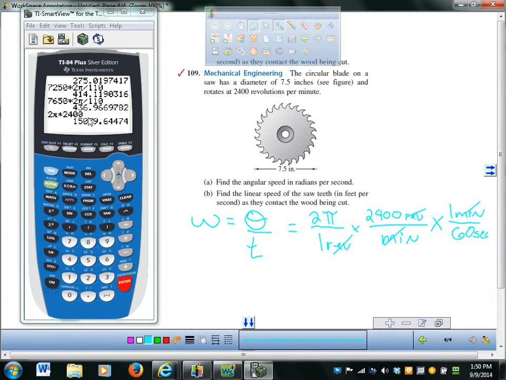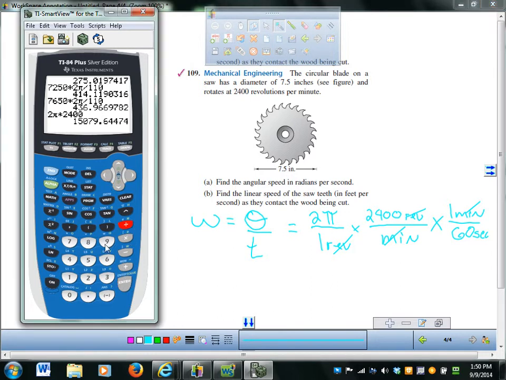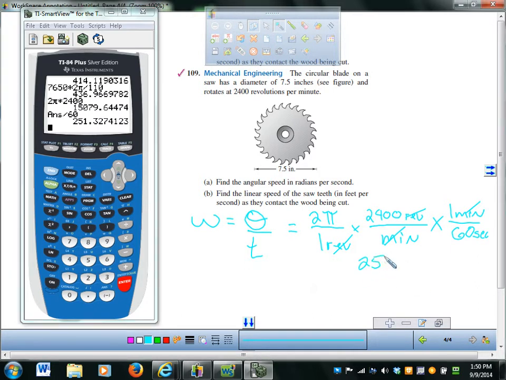So if I take that answer and divide by 60, okay, I will get 251.33. That's radians per second. Okay, so that's how you do that one.